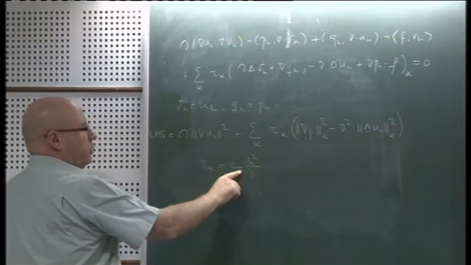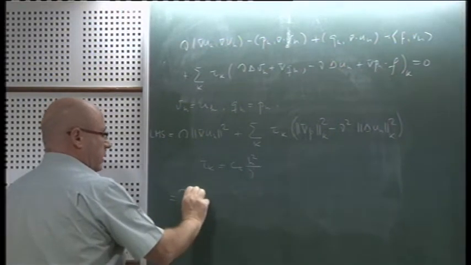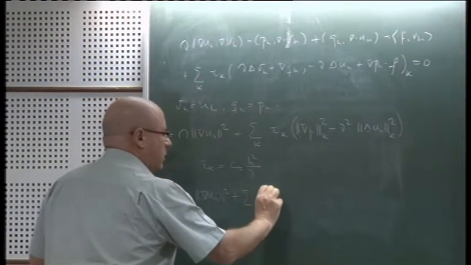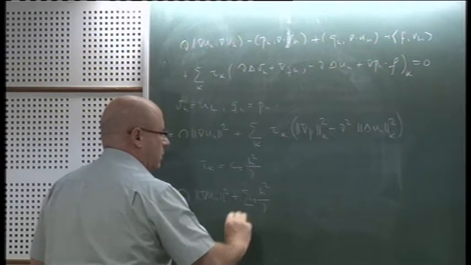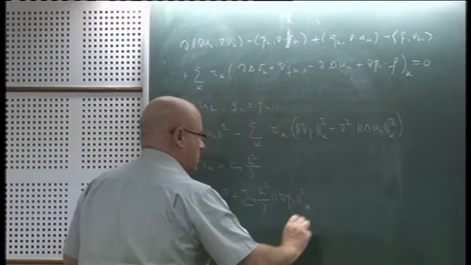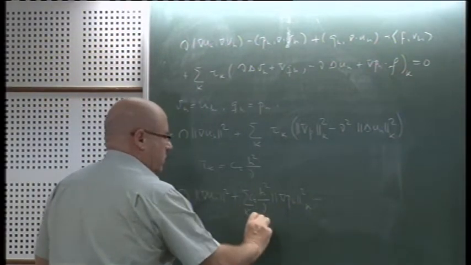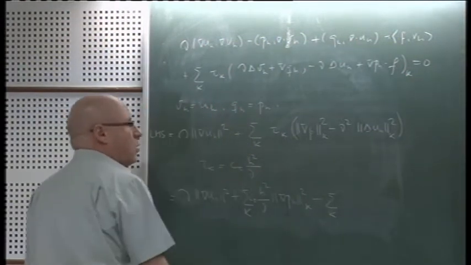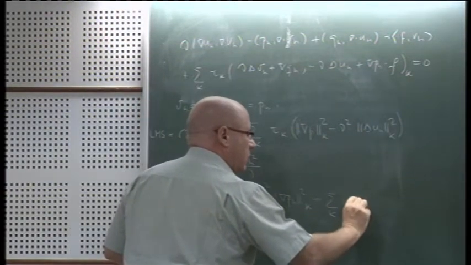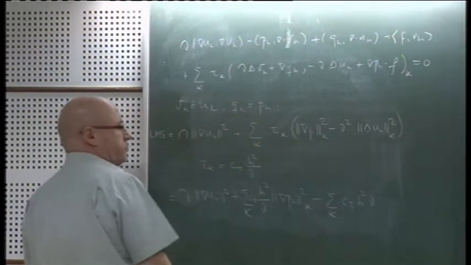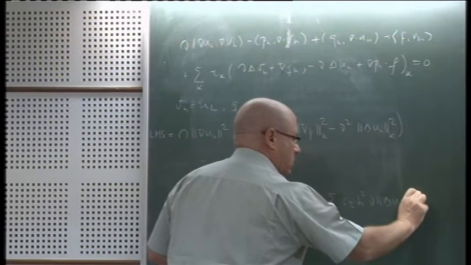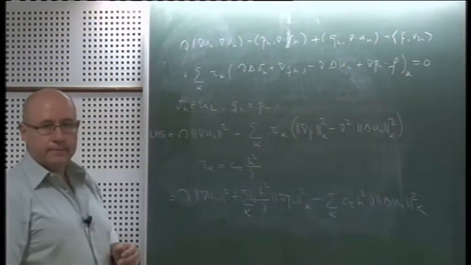And then if we take this, we have this is equal to nu gradient of u_h squared plus h squared over nu times the constant gradient of p_h squared minus sum for all the elements of that, viscosity cancels with that square, so we have c tau h squared over viscosity, and then Laplacian of u_h over element K, right?